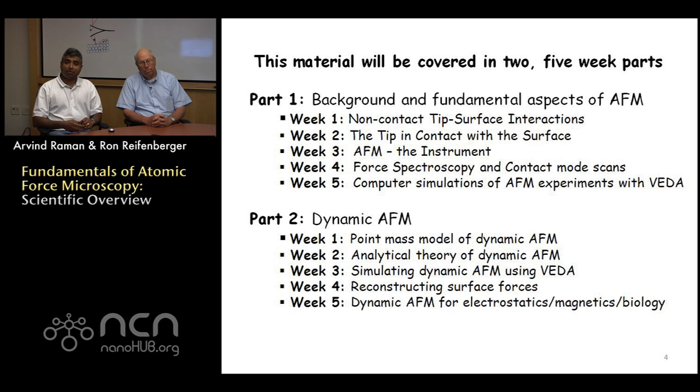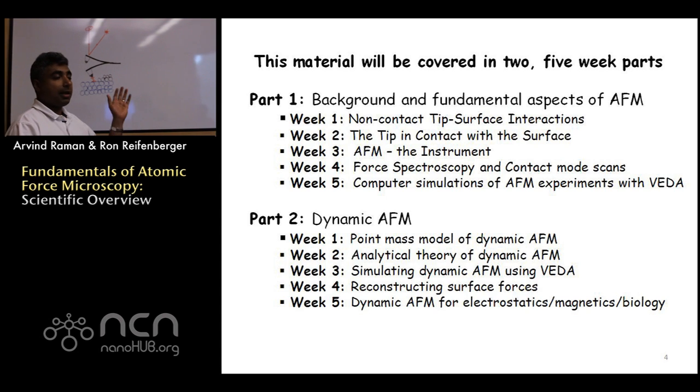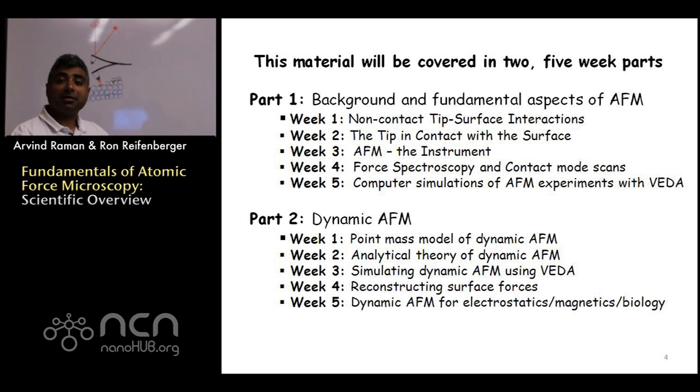What you see at the back on the board here is an example of what dynamic AFM does. And what we have in dynamic atomic force microscopy is we have a resonating cantilever, and we tend to sense and measure forces between a few atoms on the tip and a few atoms on the surface by means of how those forces change the oscillations of this probe.